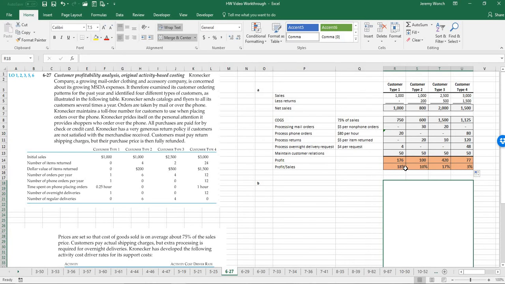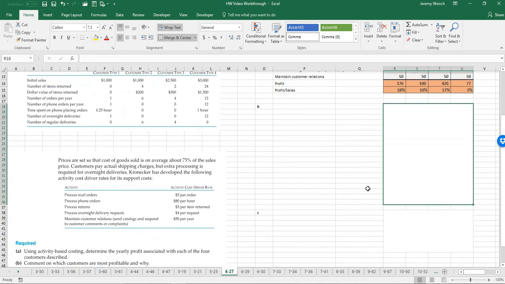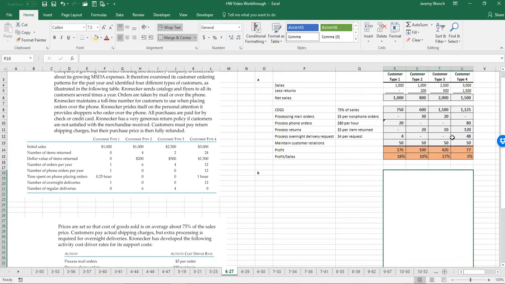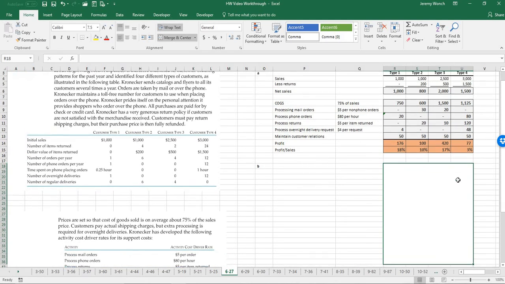Customer 1 has the highest profit per sales ratio. Even though customer 4 has all these sales, they also have a lot of returns, and they spend a lot of time on the phone taking and processing orders. So they have a very expensive customer type.